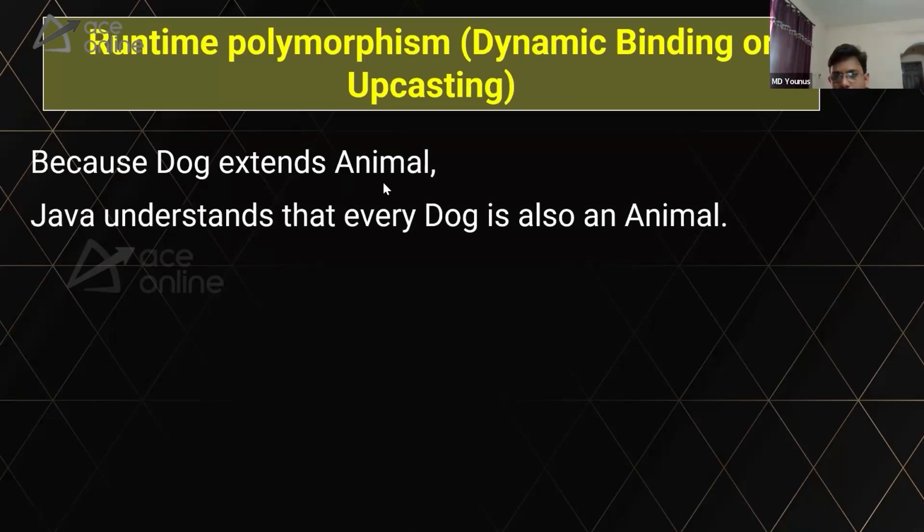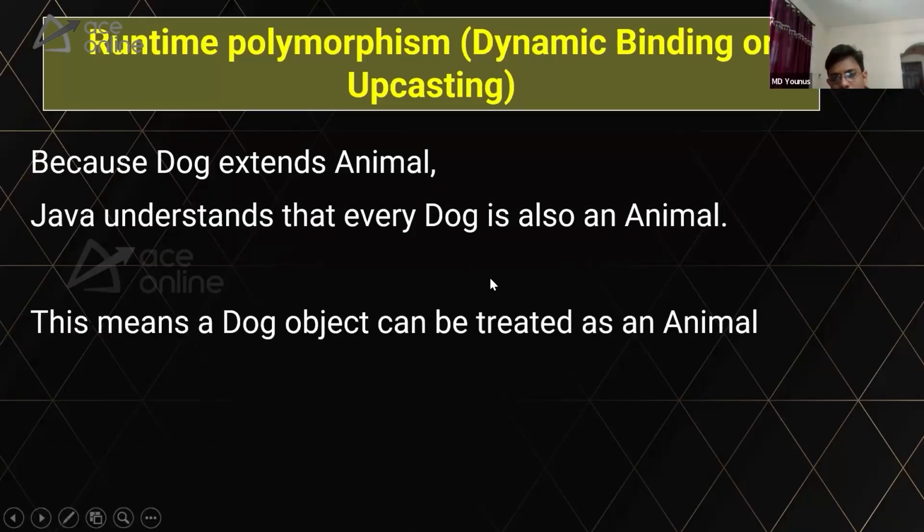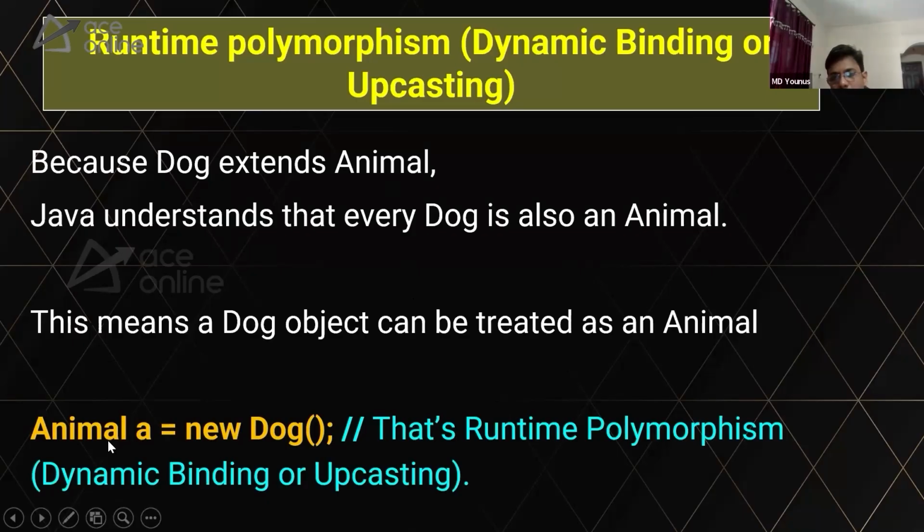Because Dog extends Animal, Java understands that every dog is an animal, right? As in our previous example, we were making Animal and Dog. So when I say Animal a = new Dog, that's called runtime polymorphism, or dynamic binding or upcasting. This means that a dog object can be treated as an animal, because they are parent and child.